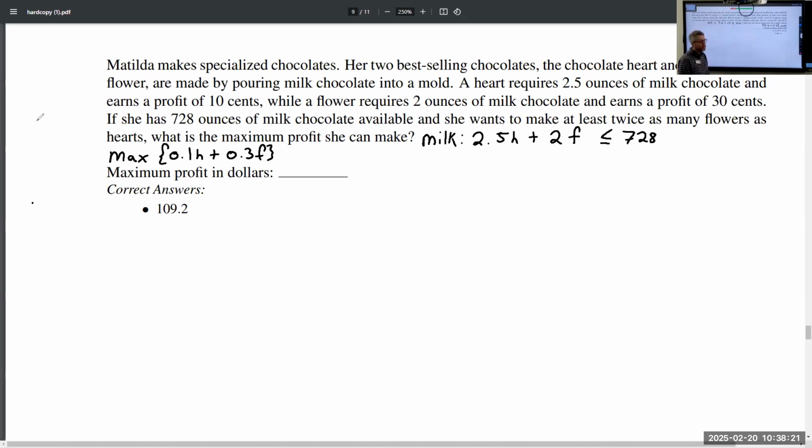This is what I meant when we were in chapter 7, that these are more realistic. You only have this amount of milk, but you would accept using less than what you have to maximize your profit. Some of the problems in 7 were just like it has to equal 728 ounces, but that's not reality.